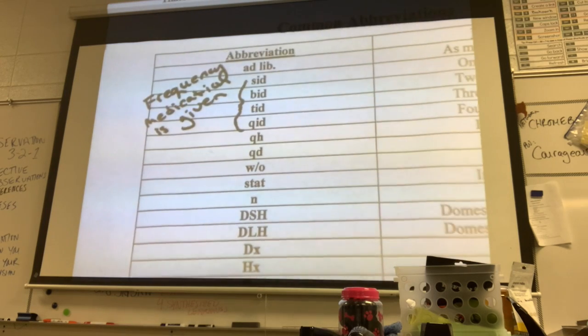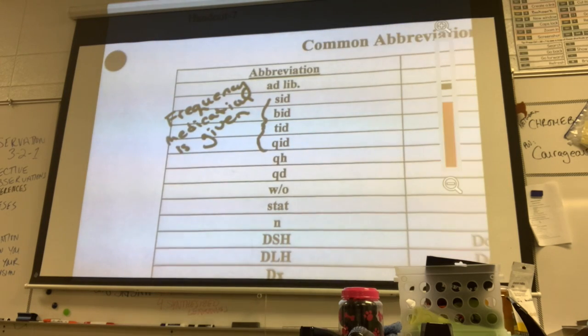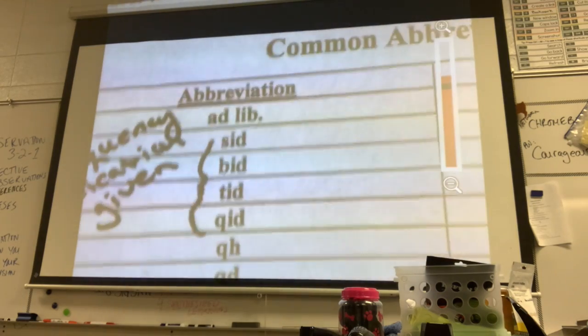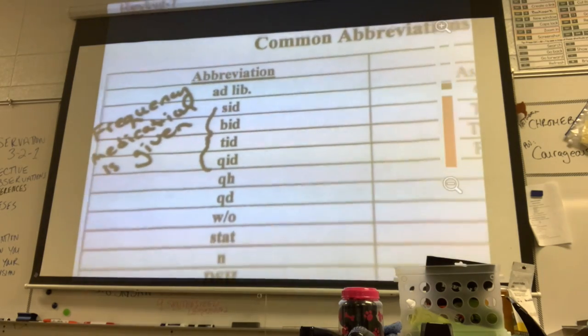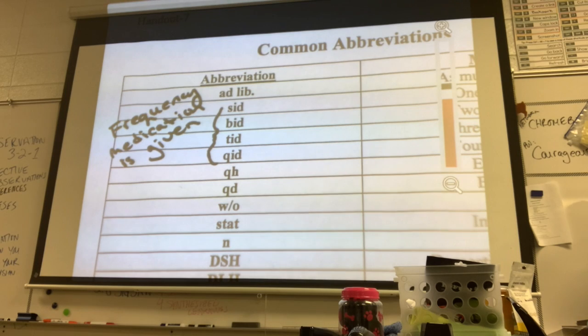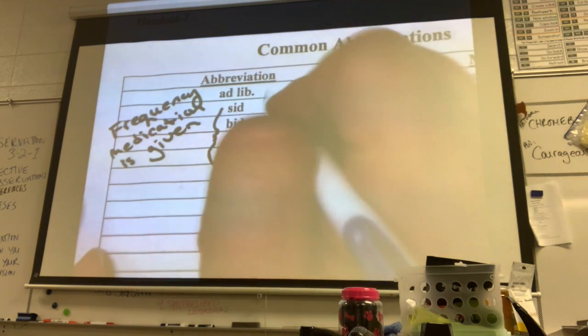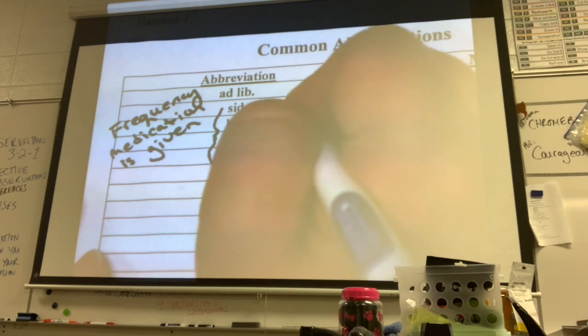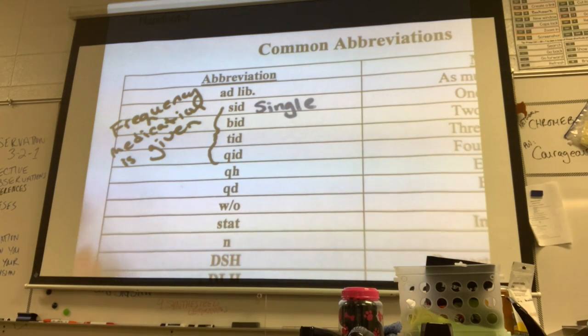So we have SID first. When I'm referring to SID, I'm talking single. So I want you to hear the S and I want you to think single. And if I'm single, how many numbers is that? 1.